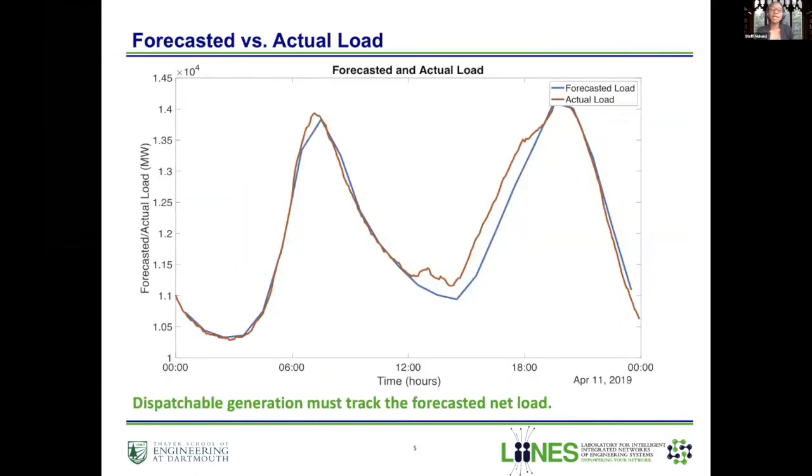Usually a system operator would dispatch generators to a forecasted net load, where net load is the demand minus all the variable generation in the system. Usually this forecasted net load does not match the actual load perfectly, and so dispatchable generators must track the net load in real time to ensure that the system is balanced.